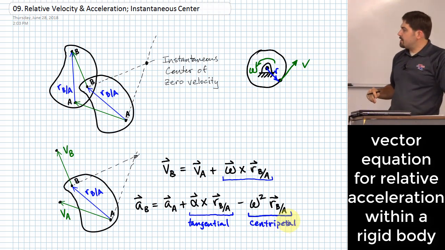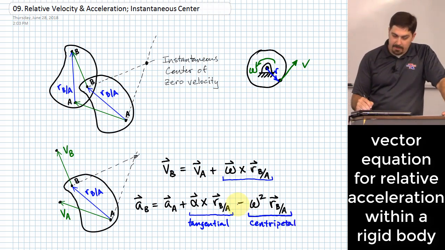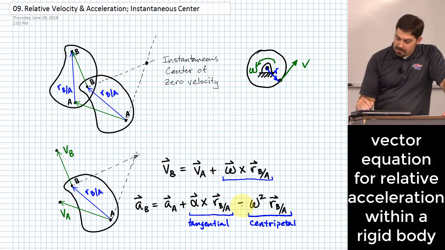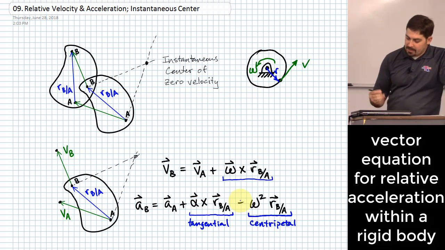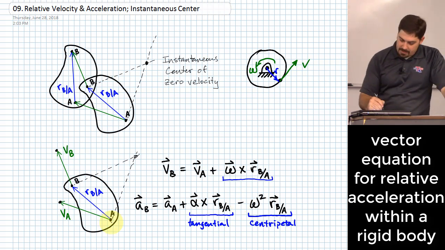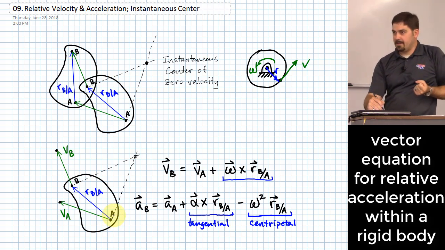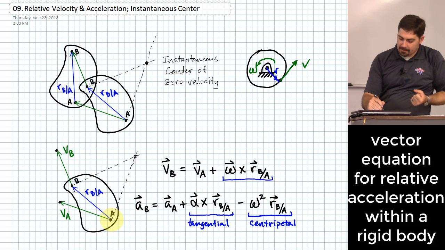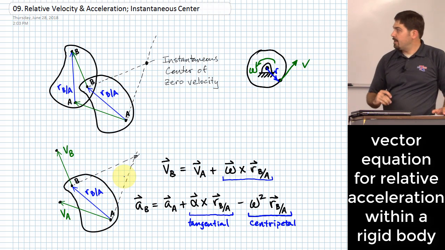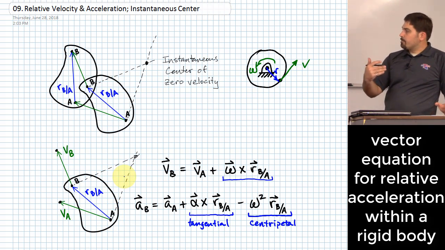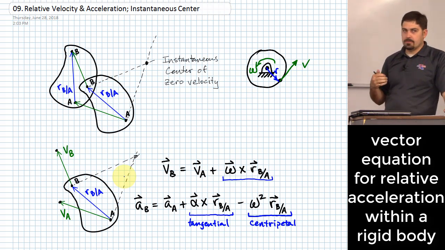Because it is a centripetal component of acceleration, that is what explains the negative sign that we have right here. Imagine A was being held still, because what we're trying to do is find the acceleration of B with respect to A. If you imagine A being held still and there being an angular velocity around A, you would see that point B would have a normal acceleration toward point A. Would you agree with that?